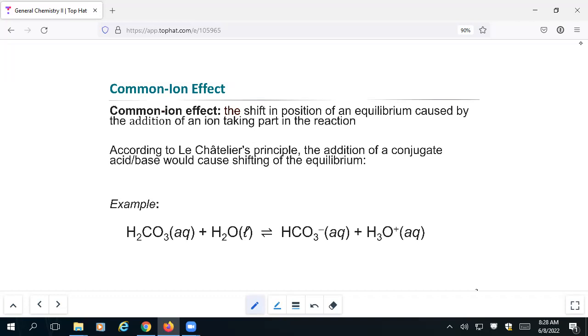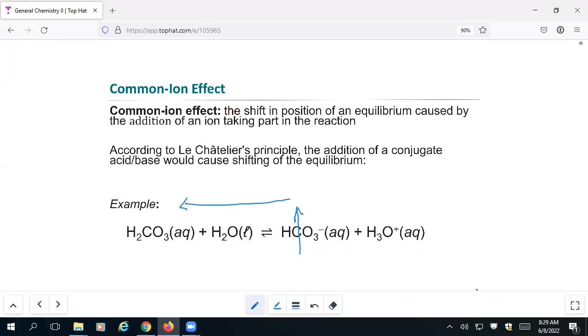According to Le Chatelier's principle, if I had this carbonic acid and water system making the bicarbonate ion and the hydronium ion, the addition of any of these conjugates to the system would cause a shift in the system to relieve that stress.